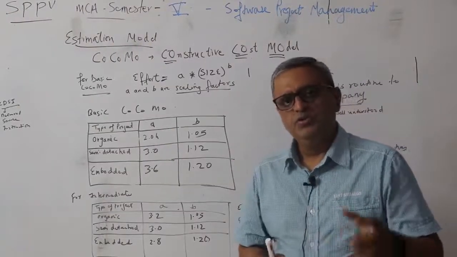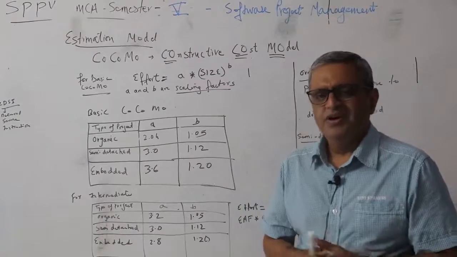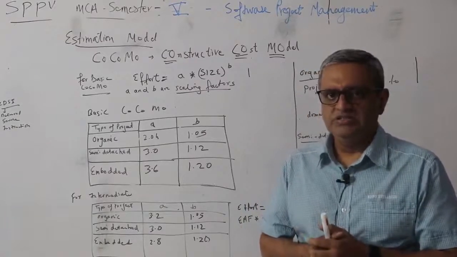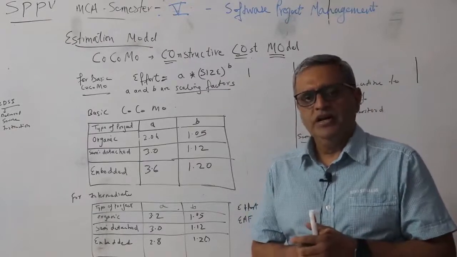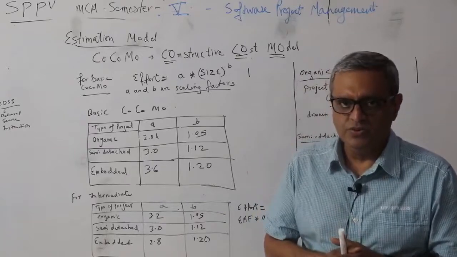The Constructive Cost Model, COCOMO, is of two types. One is basic COCOMO and another is intermediate COCOMO.